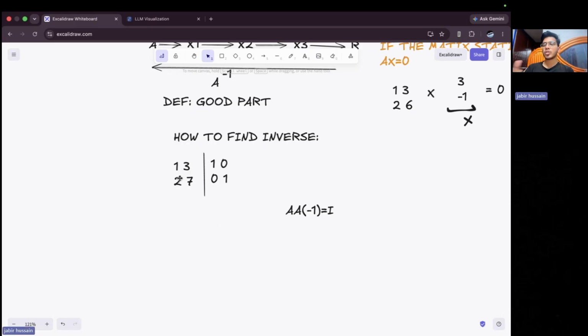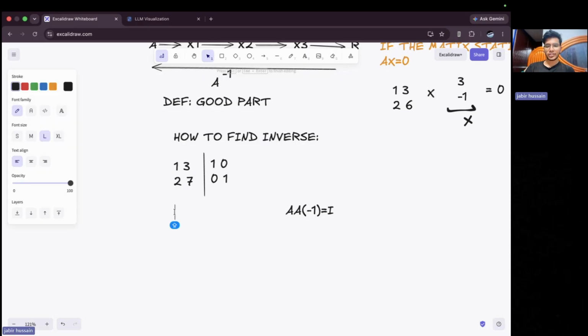I keep on doing row operations till I get the identity here. So what I'll do right now is take row 2, and the goal is identity. I'll do row 2 minus 2 times row 1, such that the element beneath becomes 0.